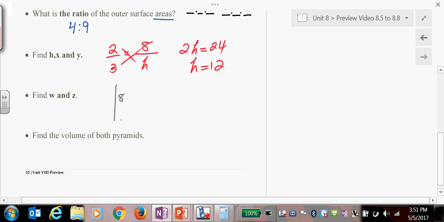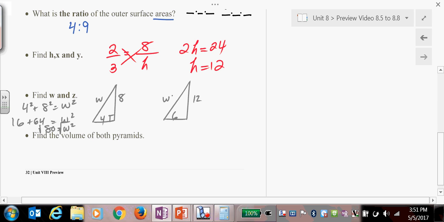That's going to be 8, 4, and W. And that's going to be 12, 6, and W. And you want to solve there, Pythagorean theorem. That's going to be 4 root 5, because that's 16 root 5.